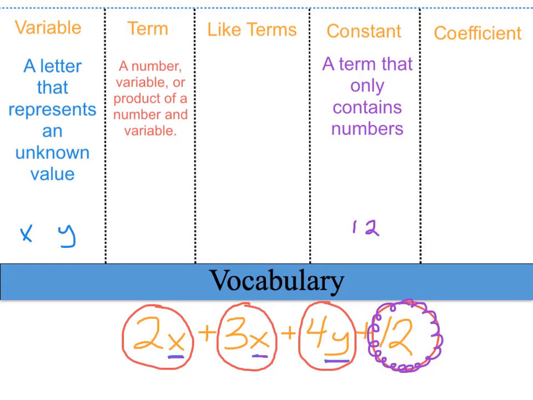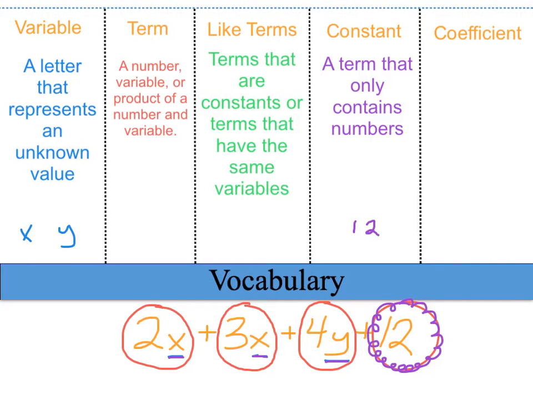The next part of this algebraic expression is called like terms. Like terms are constants or terms that have the same variables. So according to my algebraic expression below, the only like terms that I have would be 2x and 3x.